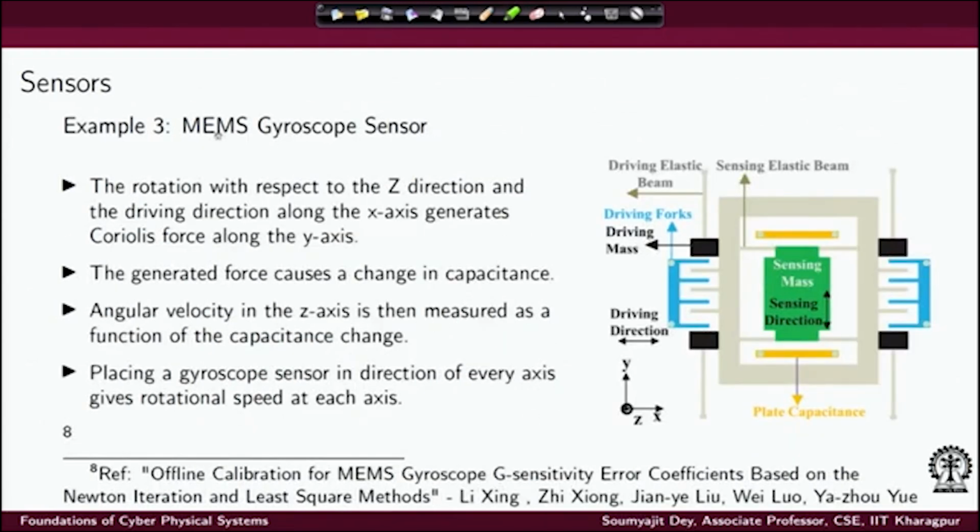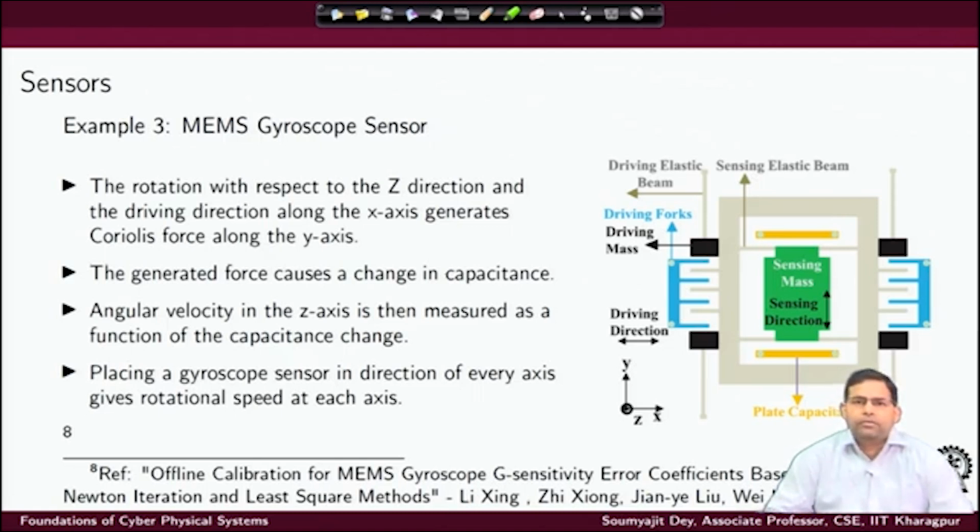You can also have MEMS gyroscope sensors. What they do is, again they have a principle of changing capacitance. With respect to this change in capacitance, you can actually measure this velocity in the different directions. So, when this gyroscope is rotating with respect to the z direction, and there is the driving direction along the x axis, it will generate a Coriolis force along the y axis.